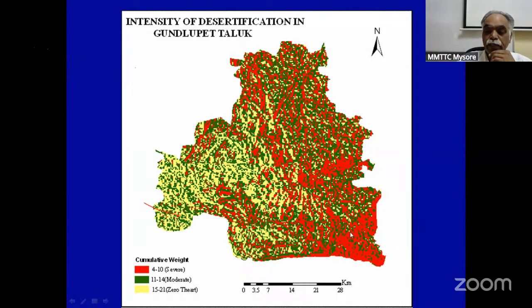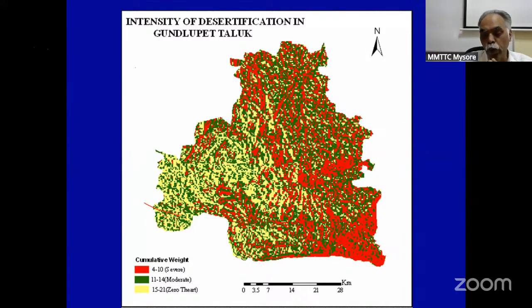That is the condition. I did all this from my university, and I wanted to cross-check whether the results I obtained were true or not.